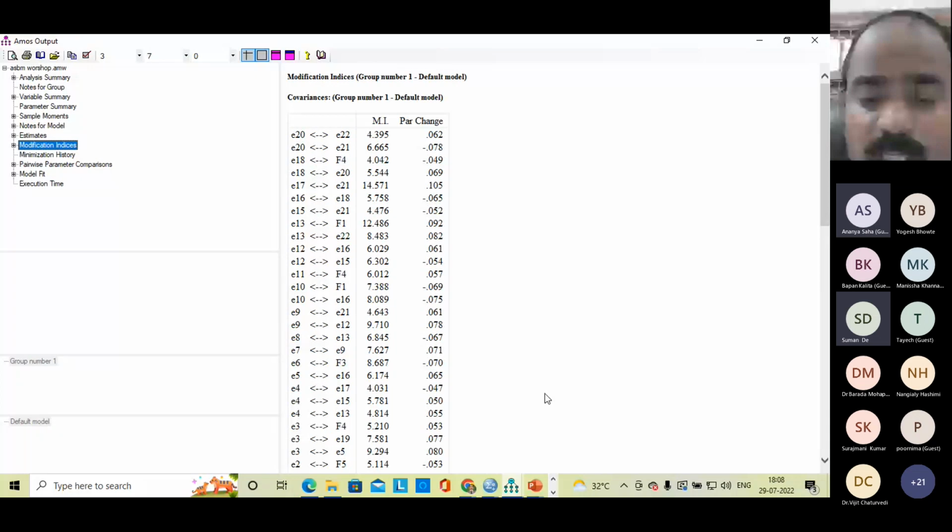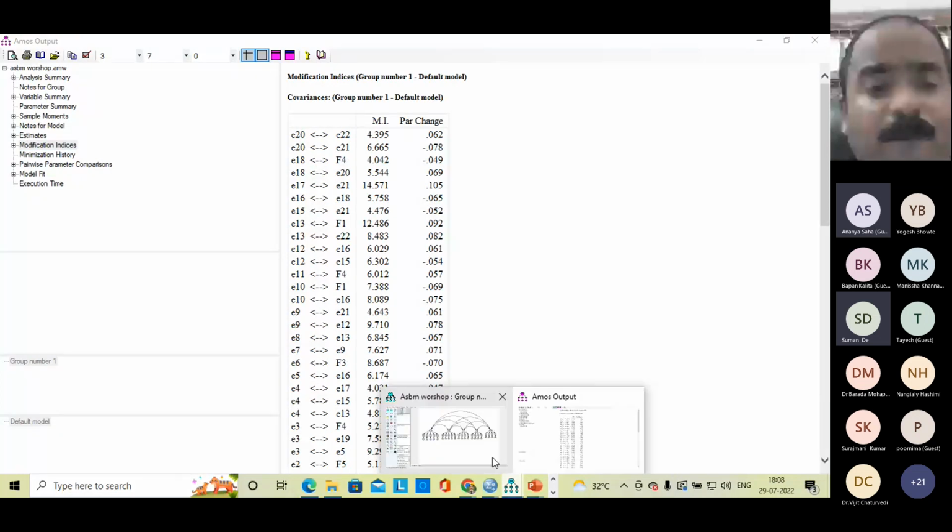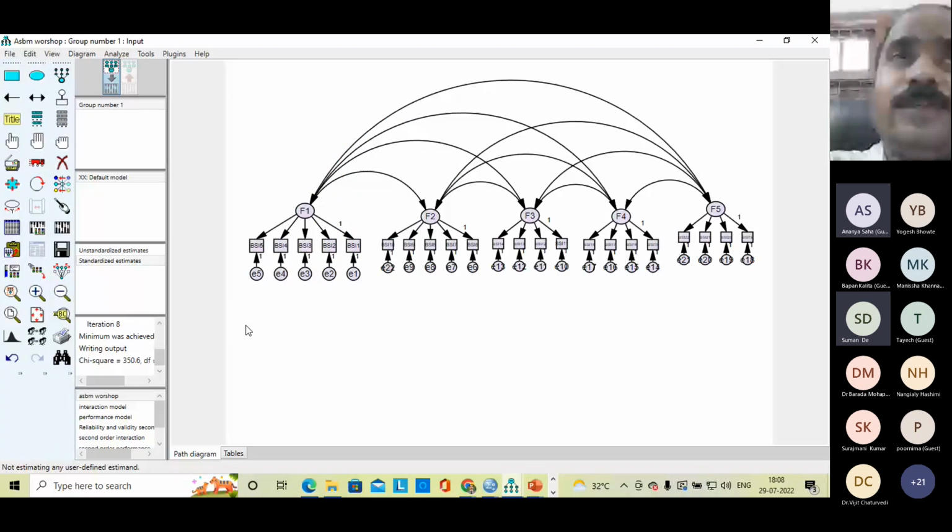Why will we relate? I have already given the reason: in order to improve the fit indices. If somebody's fit index is 0.89, then it will be improved without doing any changes to the sample. It will be improved by using the modification indices. This is the basic purpose: to improve the fit indices.